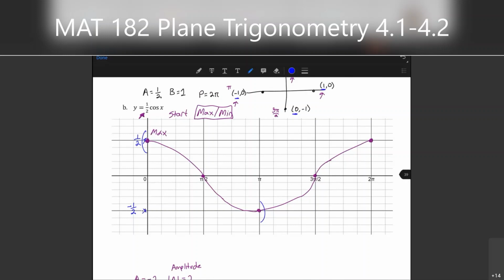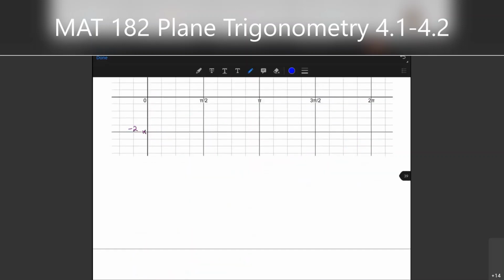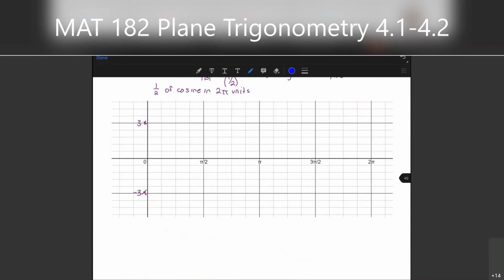So our graph would start at our amplitude, which happens to be 3. Then we're only going to do half of the function. So at pi units, we'd be down at 0, and at 2 pi, we'd be just halfway through our cycle.